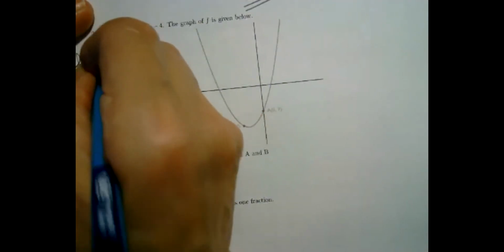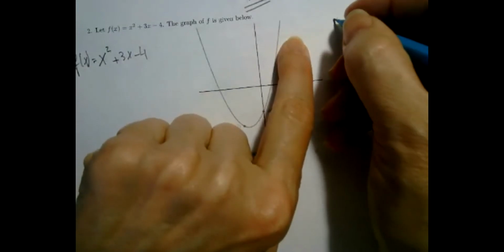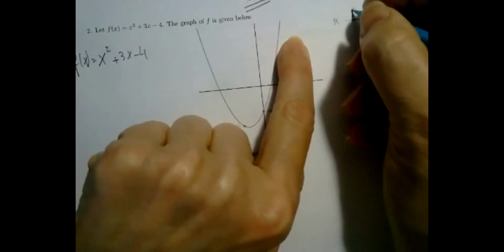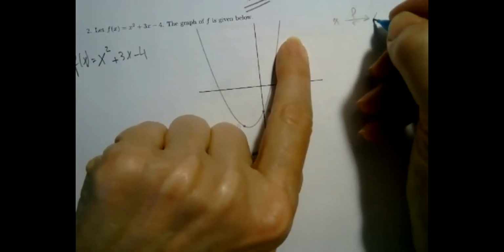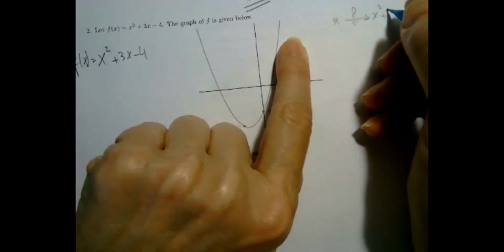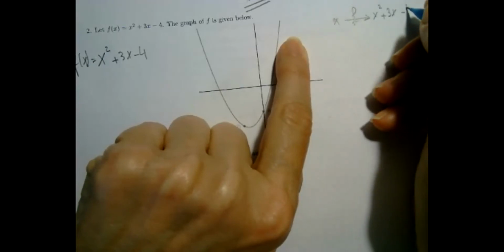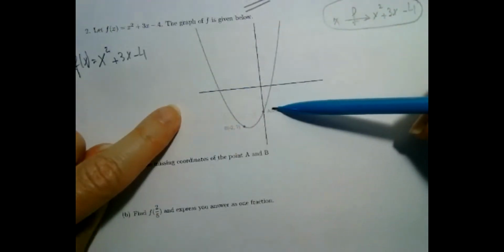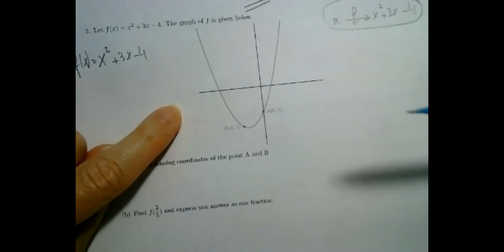That's my function. It means I have a rule: whatever you give it, it's going to square it, add 3 times what you give it, and take away a 4. The graph of f is given. I am giving you the graph of f.